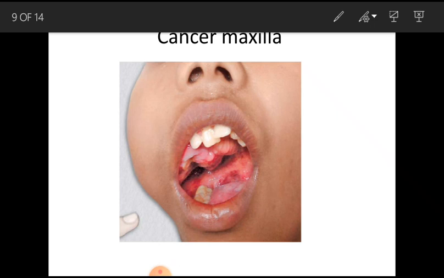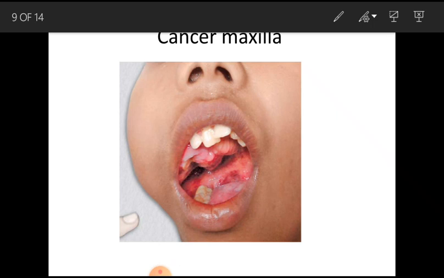Extension to the mouth gives a fungating mass and maybe bleeding in the mouth. Extension to the back, to the nasopharynx, causes obstruction and cranial nerve palsy. Extension to the medial side, which is the nose, leads to nasal obstruction, epistaxis, and epiphora due to nasolacrimal duct obstruction, with palpable cervical lymph nodes.